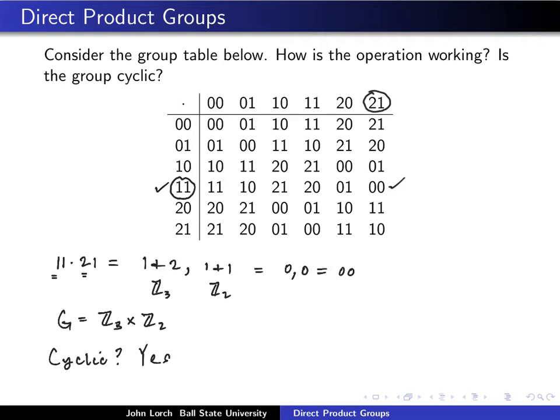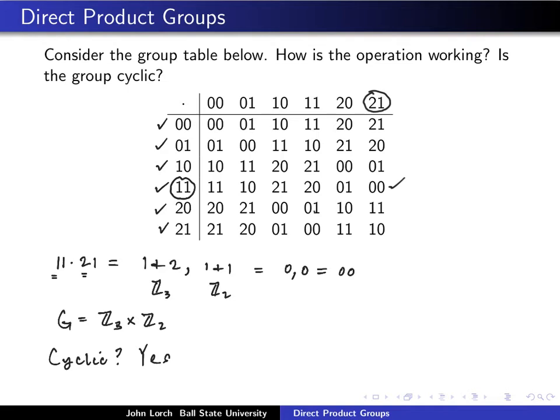If we take (1,1) together with (1,1), we get (2,0). Then (2,0) together with (1,1) gives (0,1). (0,1) together with (1,1) is (1,0). (1,0) with (1,1) is (2,1). And finally, as we saw, (2,1) together with (1,1) is (0,0).